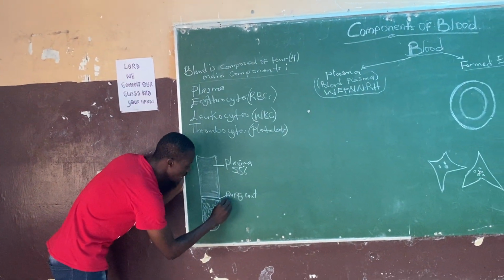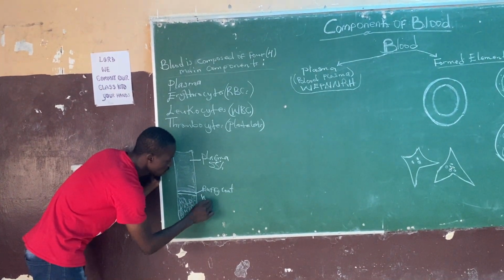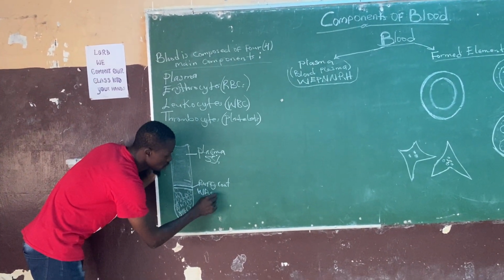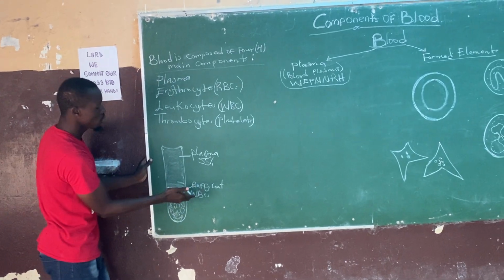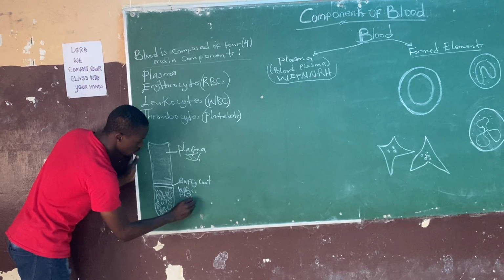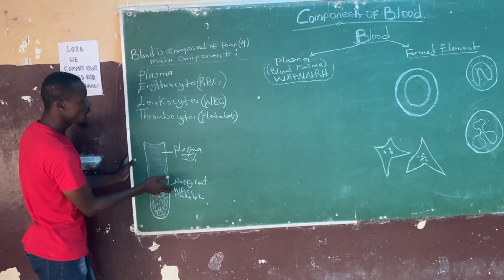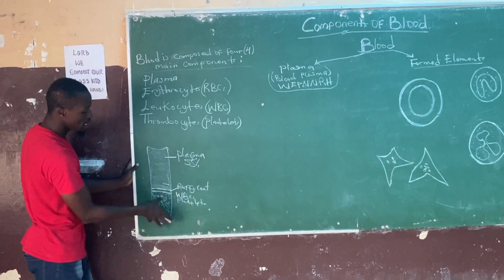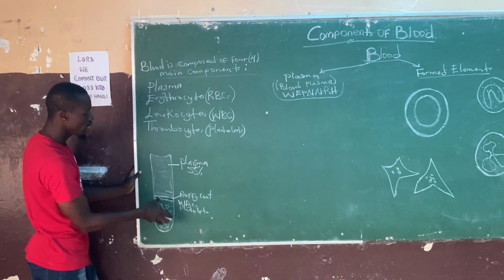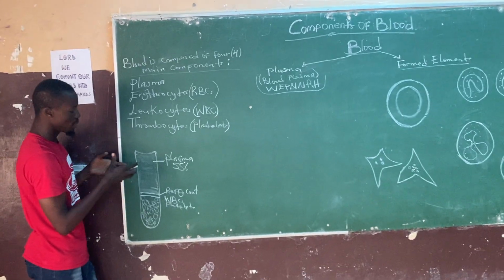So the leukocyte, or we say the WBC, and the platelets are found in the buffy coat. Then at the bottom, the heaviest or most dense material settles at the base because they have been centrifuged.